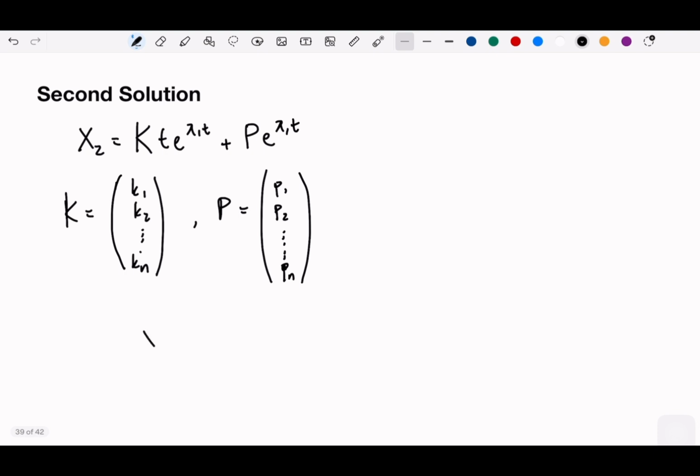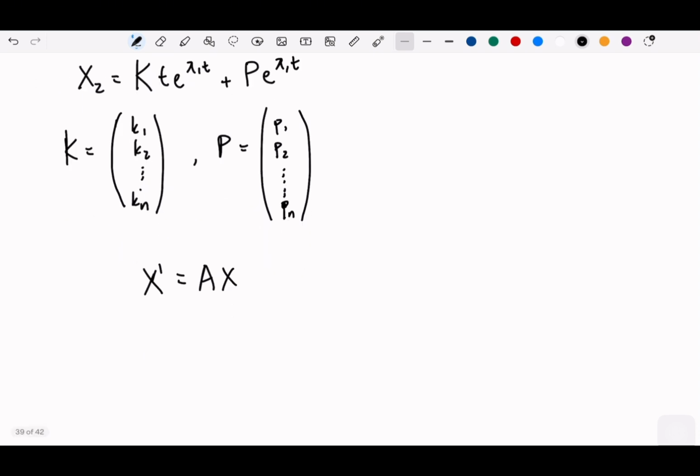Our system is x prime equals A x. So we are going to substitute this into the system.